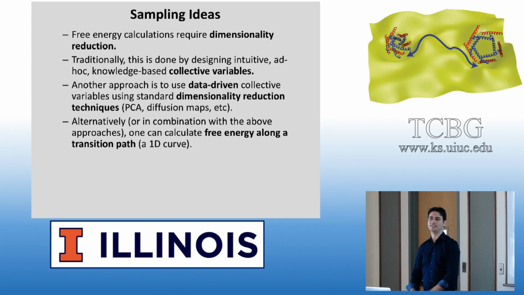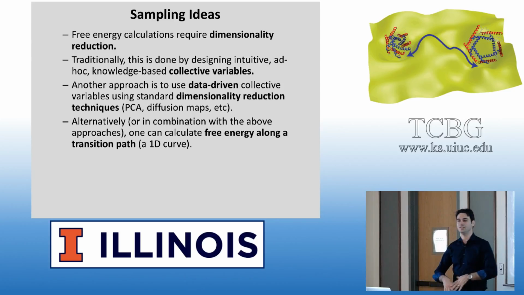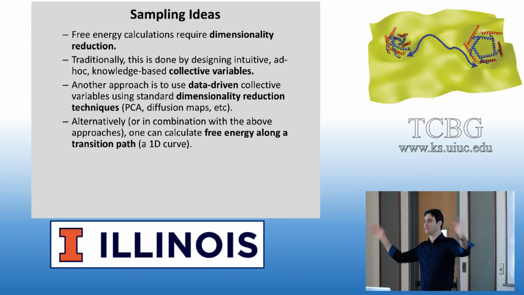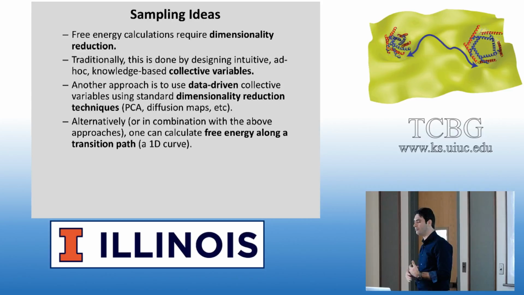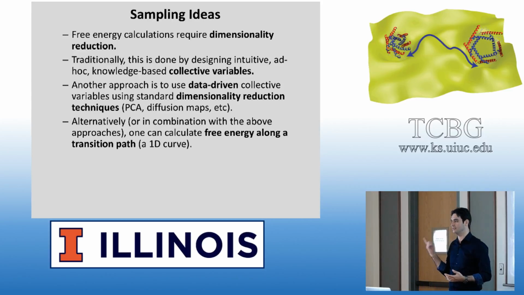And another idea which is related to dimensionality reduction is reducing the sampling to a one-dimensional pathway. That's what the pathfinding algorithms try to do. You may not be able to end up with one single collective variable.